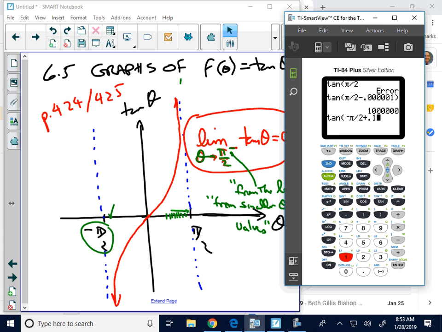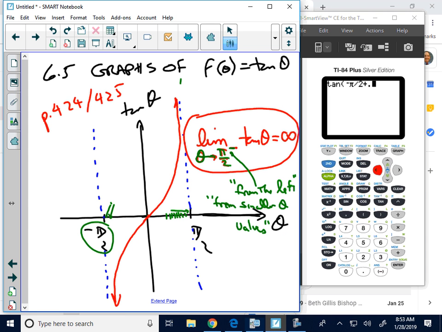Okay? And here's the tangent. It works out to be negative 9.9. Okay? If I get a little bit closer to negative pi over 2, let's see. So instead of adding 1/10, let me add just a little tiny bit. Right? So maybe 1/100th. I'm just going to go to the right just a little bit.